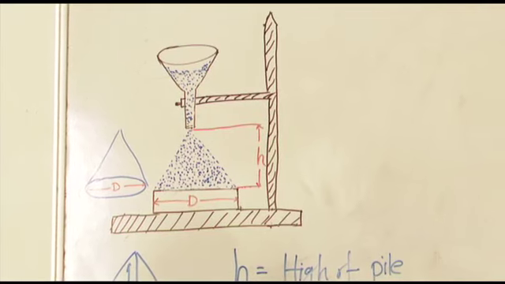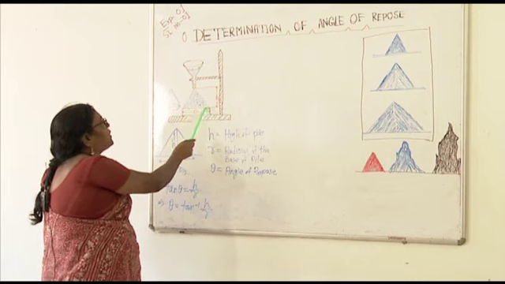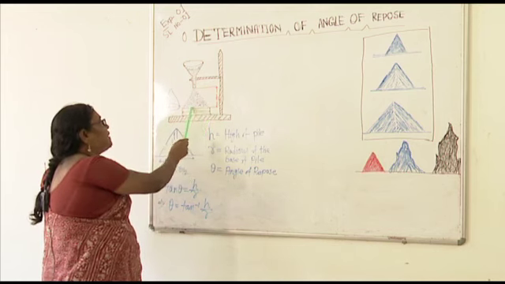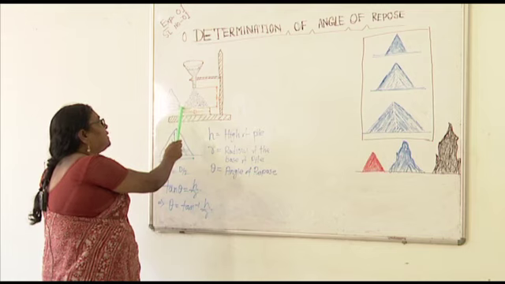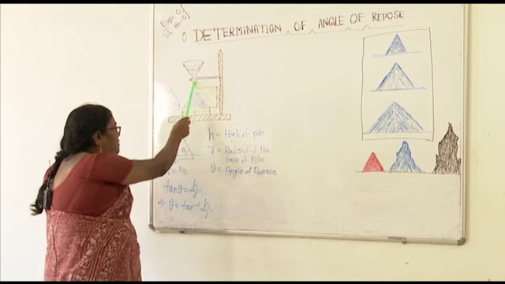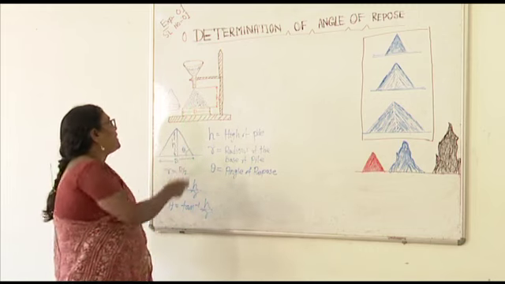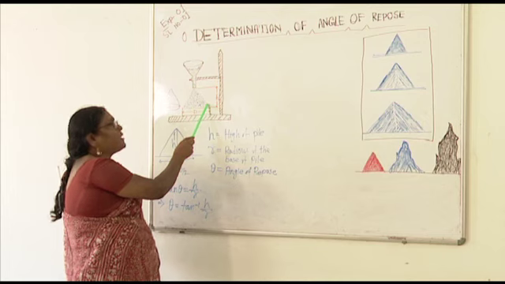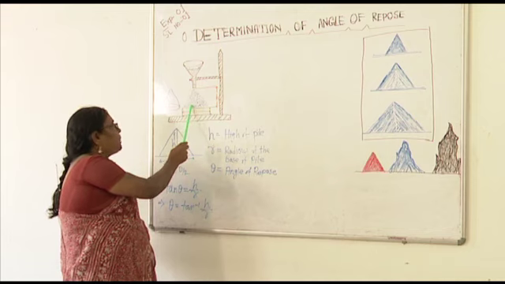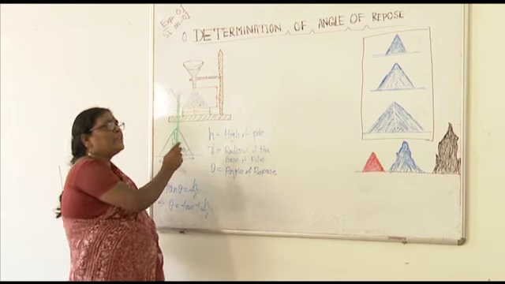Now, why has this heap formation taken place? When the first few particles fell, they hit the ground directly. There was only ground. Over that, they spread, and there was nothing to stop their falling. But the particles coming later from the stem are not hitting the ground directly. They are hitting the already formed heap. And after hitting them, they try to spread, but between these already fallen particles and the falling particles there is an interaction.